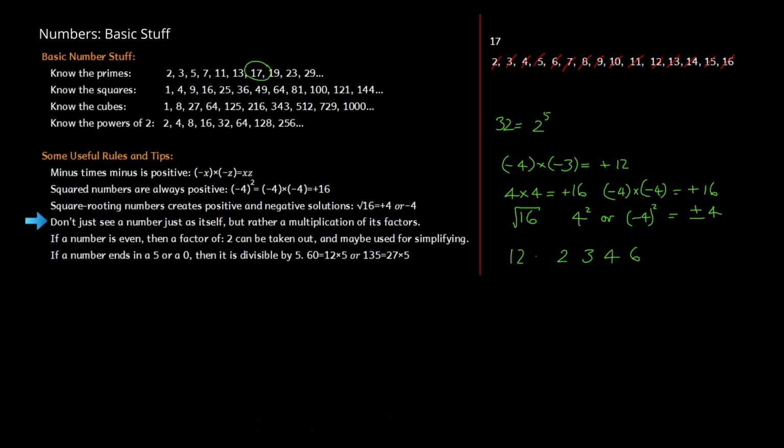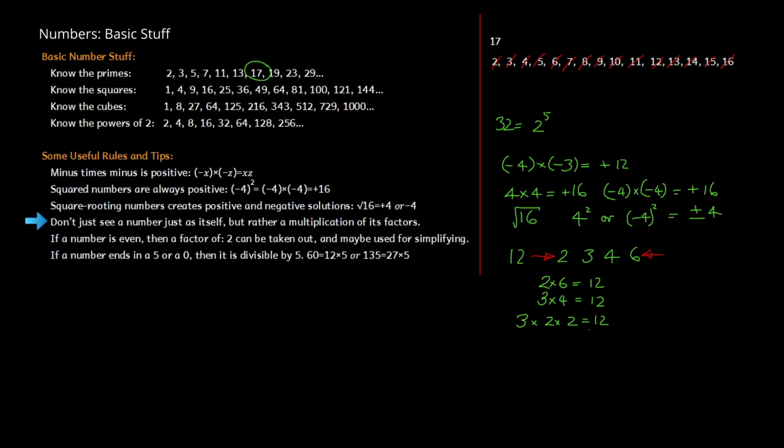So combinations of these numbers can represent 12. 2 times 6 equals 12. 3 times 4 equals 12. And 3 times 2 times 2 also equals 12.